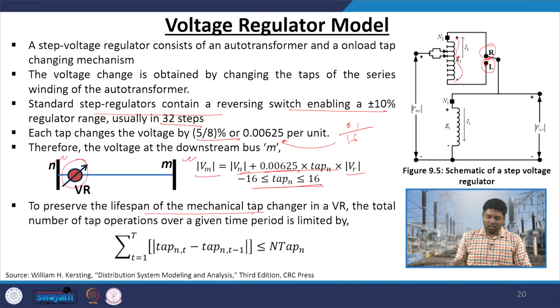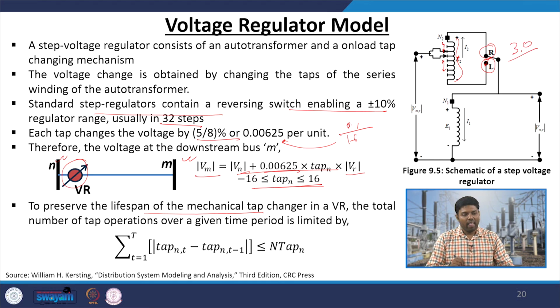But you see, this is a mechanical tap changer, right? It means these taps are moving, even the switch is also moving. So, if it is a mechanical device, you cannot afford to operate it multiple times in a day. Let us say you take 30 minute time intervals, that means you have 48 half hour intervals in your day.